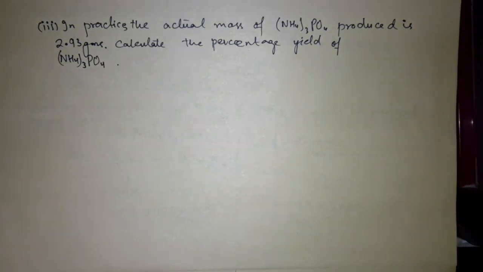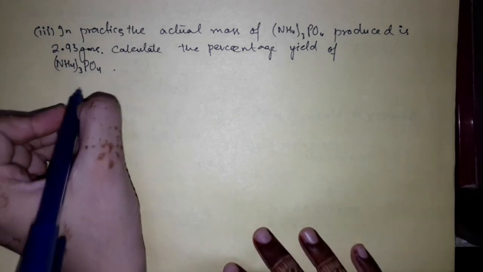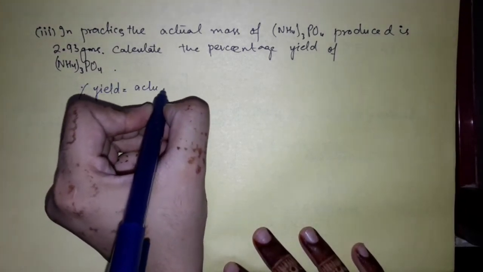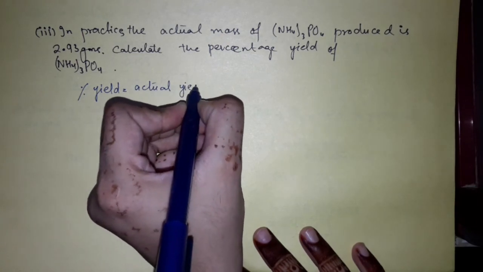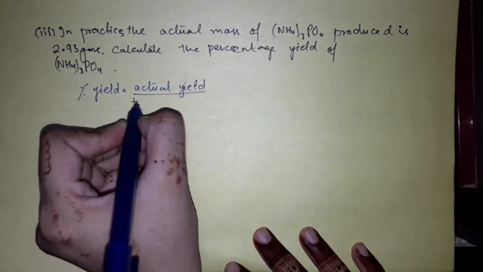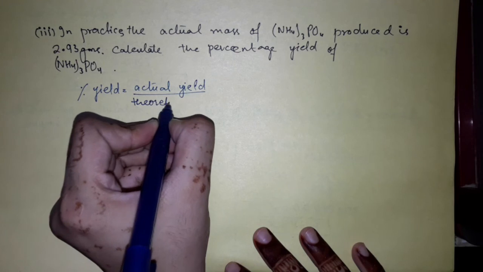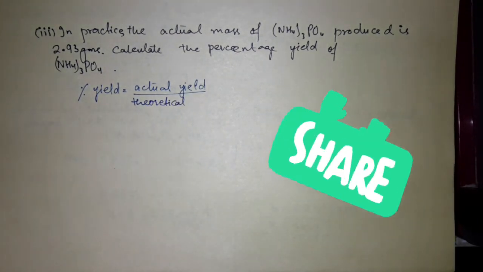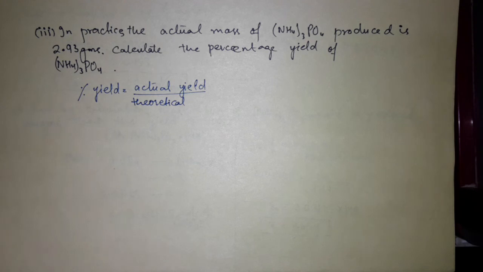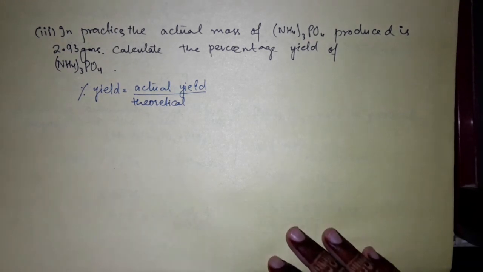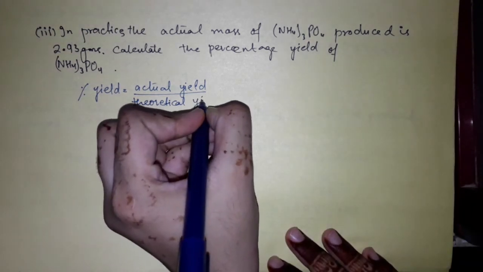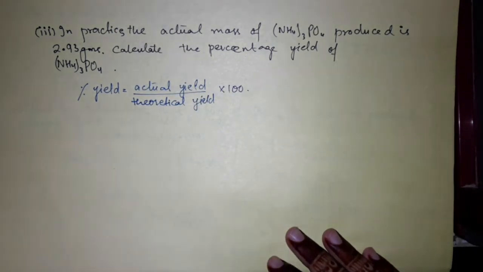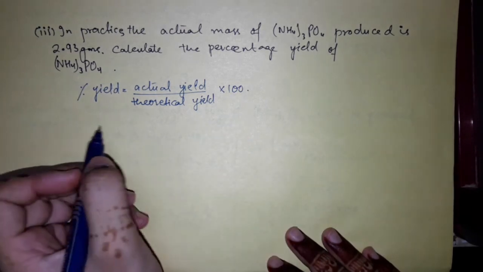The formula of percentage yield is actual yield upon theoretical yield. Actual yield means the actual mass that is produced, and theoretical yield is the calculated mass that we calculated in the last part. Since we calculate percentage, we multiply by 100.